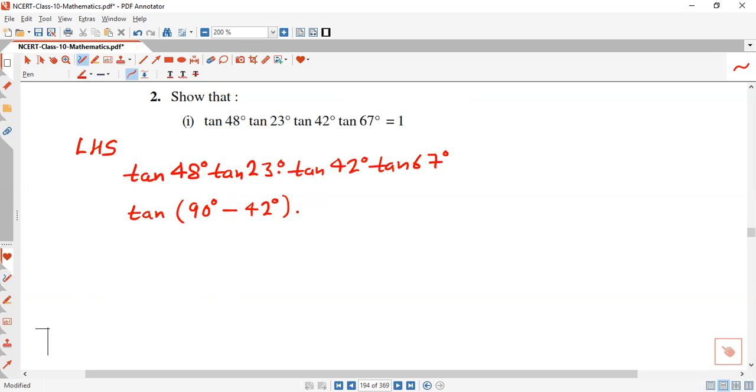Tan 23 degree, leave it as it is. Tan 42 degree. Tan 67 degree can be written as tan of 90 degree minus 23 degree.